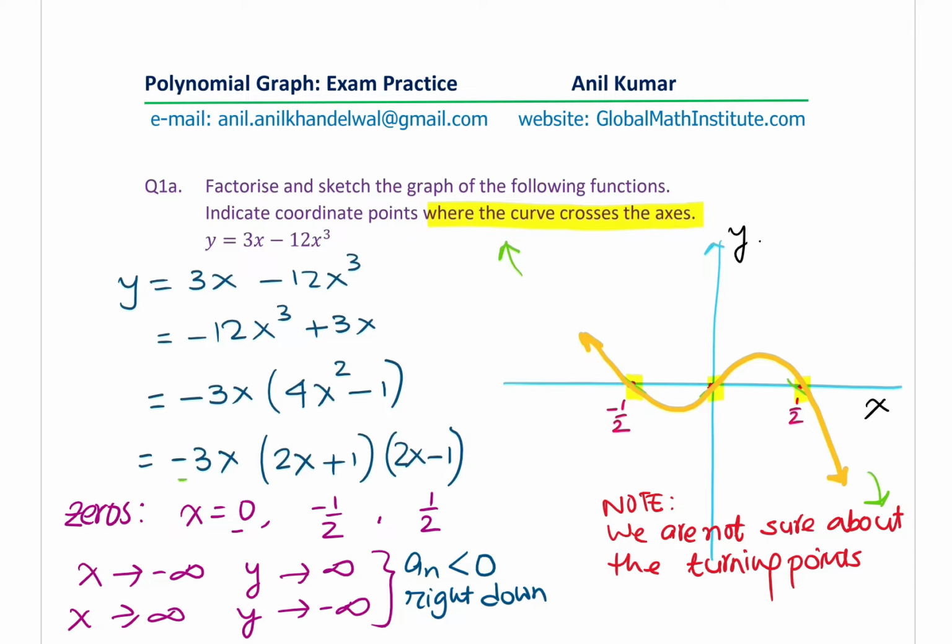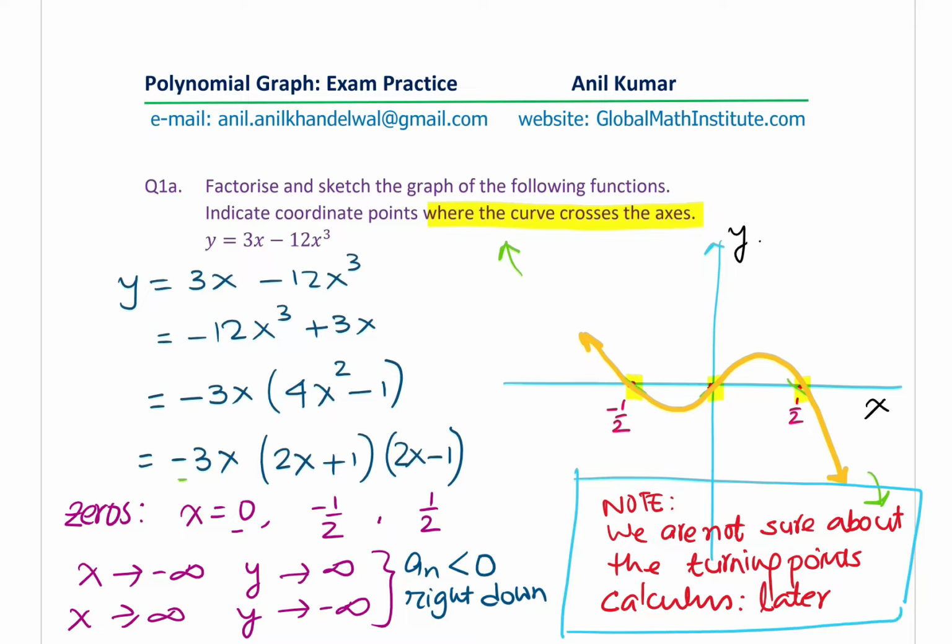Now that is a part of calculus. We'll learn derivatives and then do it, right? So later. So for now, we are restricting ourselves to the condition that x-intercepts are accurate, y-intercepts are accurate, but not the turning points, right? So I could have also sketched this graph, for example, in this fashion.